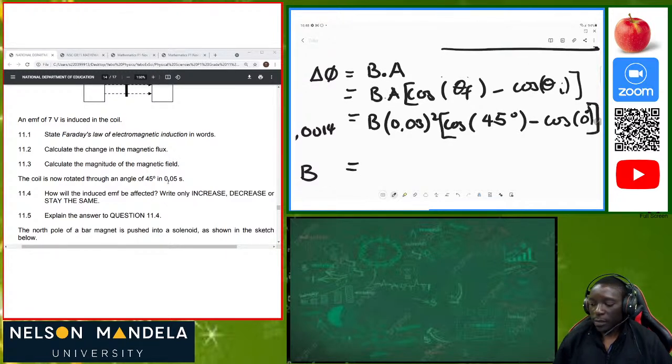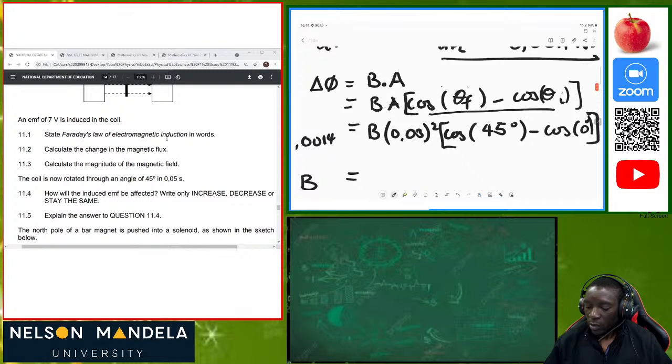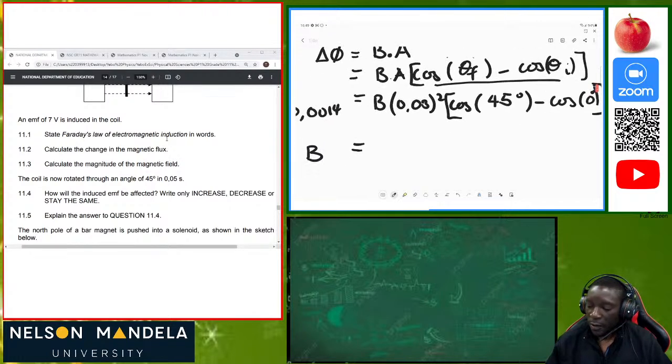So it is the change in flux. Initially, when the angle is 0, you have BA cos 0; finally, at 45, you have BA cos 45. So that's the change in flux: BA cos theta final minus BA cos theta initial.